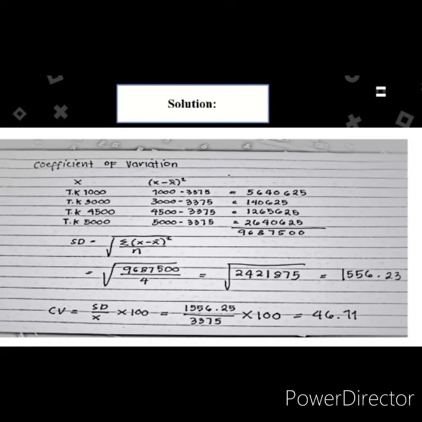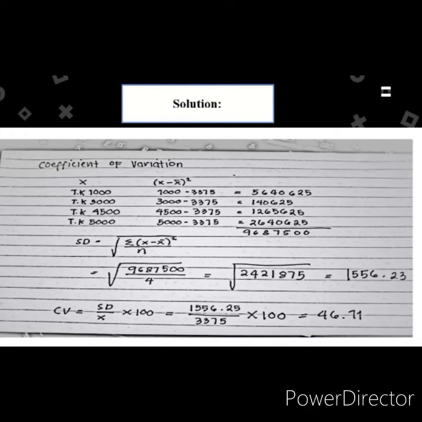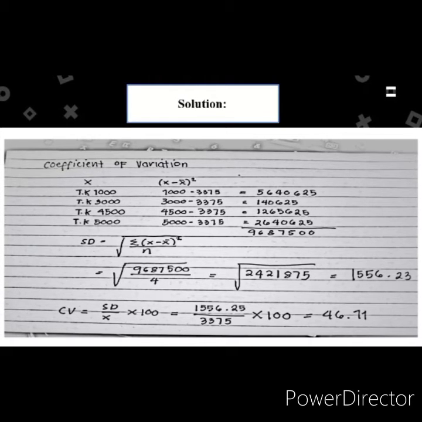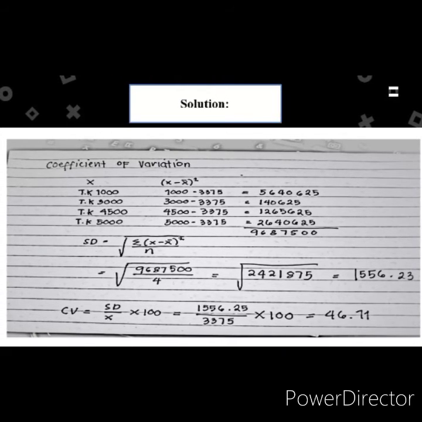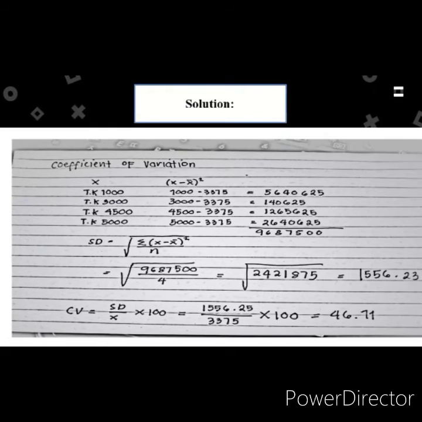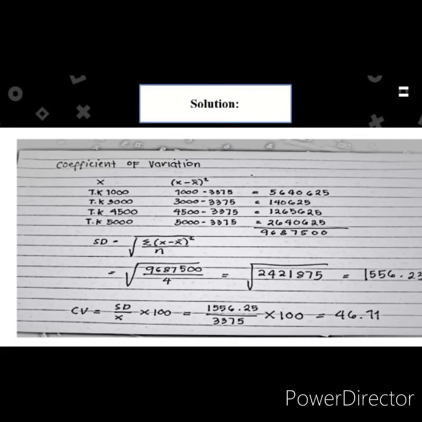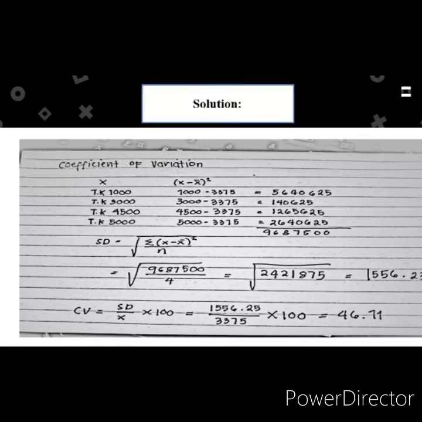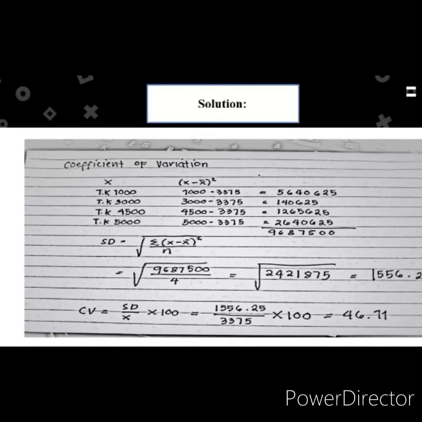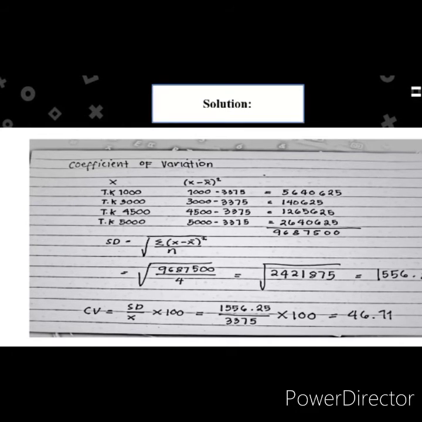So the answer is 9,687,500. So we have to apply the formula for standard deviation, which is the square root of the summation of x minus the mean squared over n. So we have the square root of 9,687,500 over 4, which is equal to the square root of 2,421,875, and the square root of it is 1,556.23.